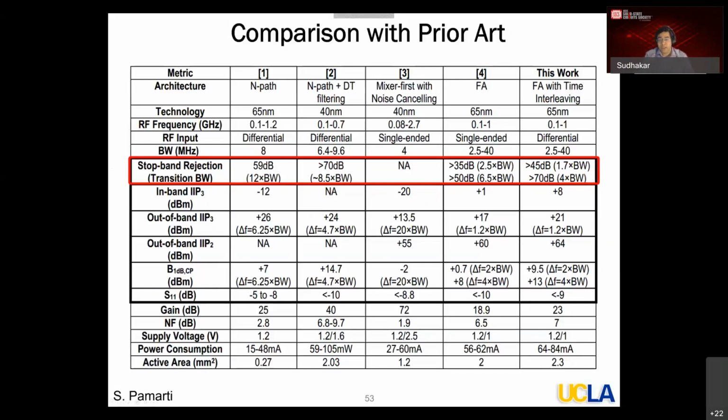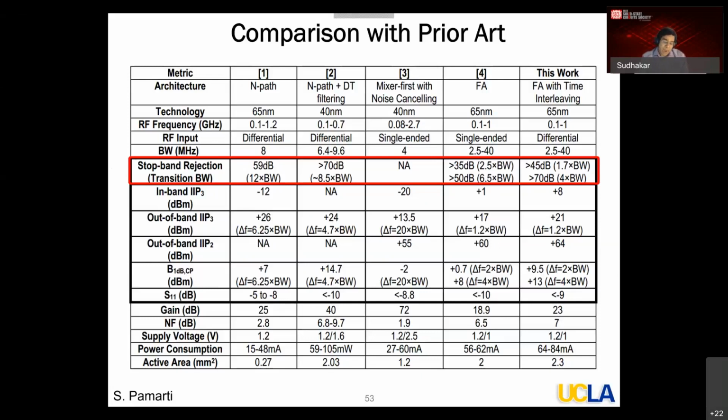Now, please note that this bandwidth is programmable. So even when I have a 2.5 megahertz bandwidth, I will still get 70 dB with a transition bandwidth of 4 times that, right? It's not like when I have a 40 megahertz bandwidth, I have 4 times 40, which is 160 megahertz transition bandwidth. It's not like that.